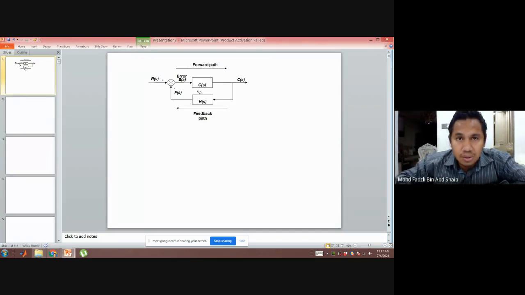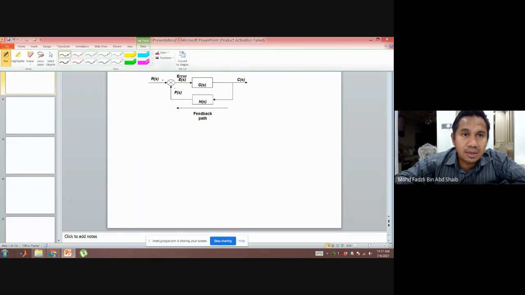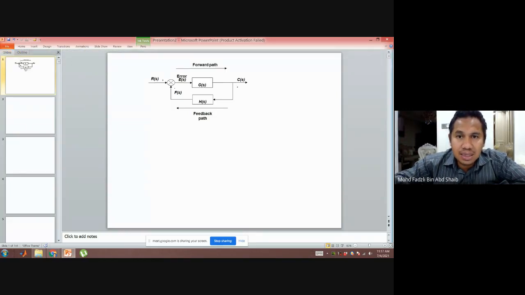You can see now the diagram of the feedback path. Can you see it? Yes, doctor. We have the feedback path. We have G(s), the transfer function, C(s), H(s), F(s), the error, and R(s), which is the input.